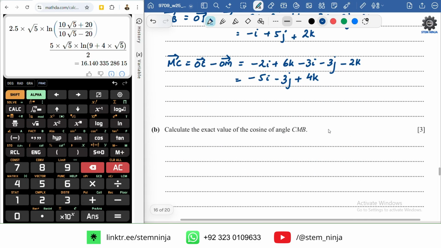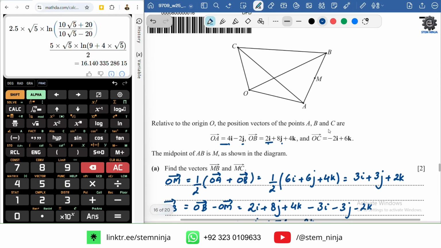Alright. Calculate the exact value of the cosine of the angle CMB. Okay, so we just need the value of the cosine of the CMB. So we can use the lengths of CB, CM, and BM for that, right?